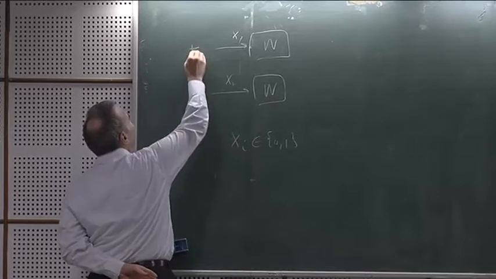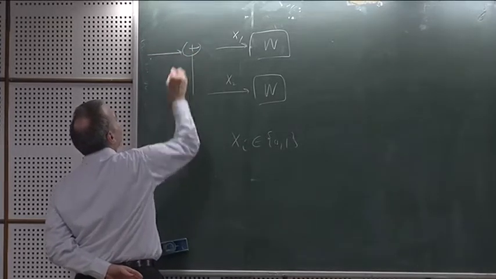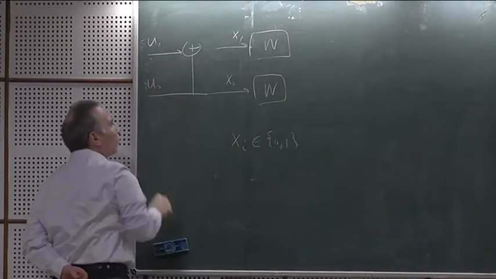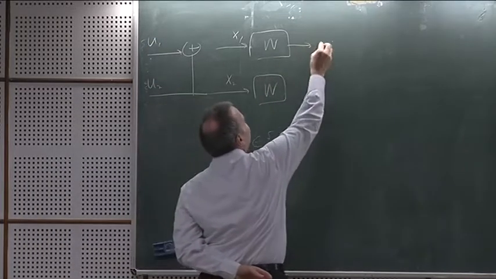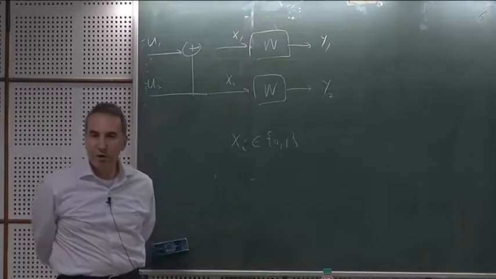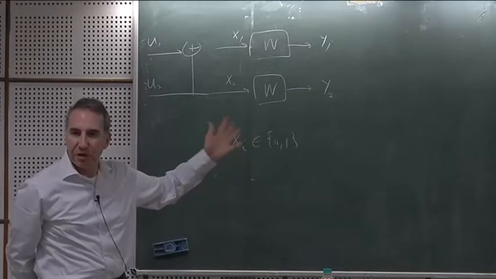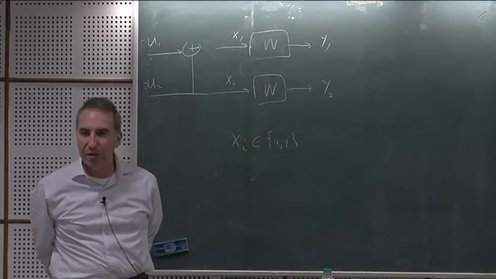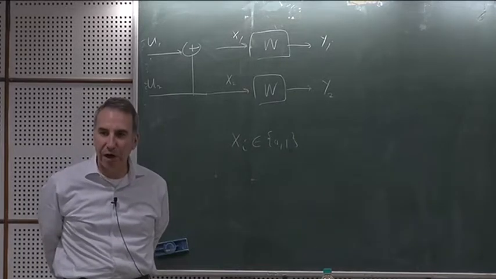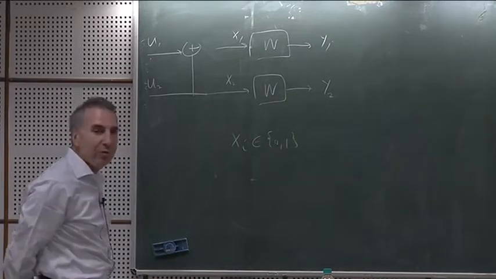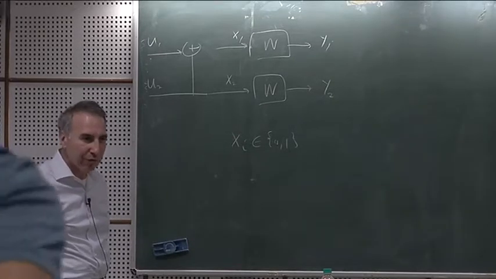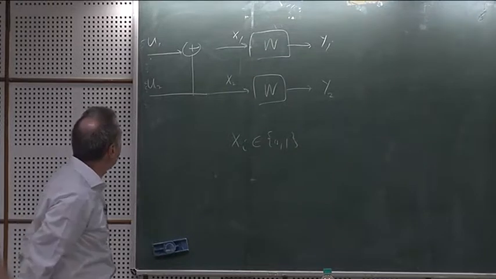Then we put this modulo 2 operation in here, call the inputs u1 and u2, and we have outputs y1 and y2. I'm not constraining them to be anything in particular, so they're arbitrary alphabets at this moment. They could be real, they could be binary, they could be ternary as in the erasure channel, so we don't know anything about this.